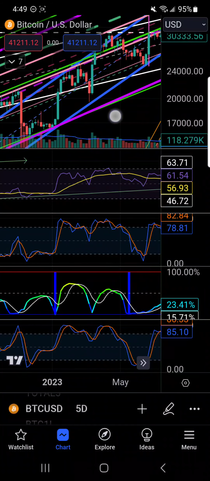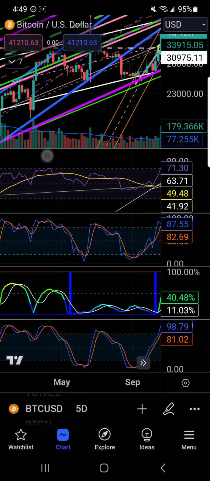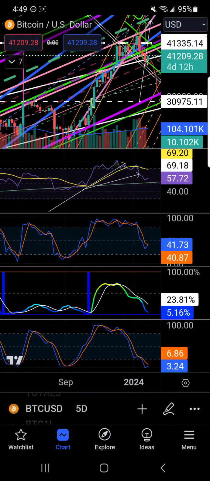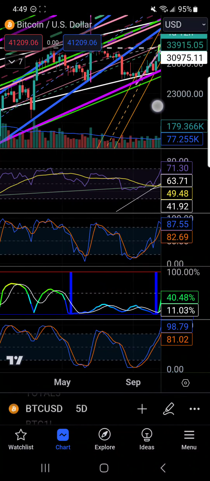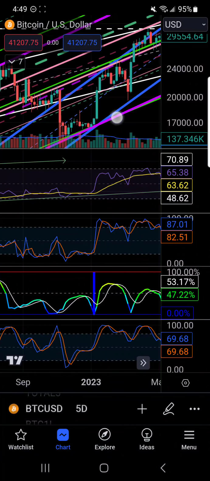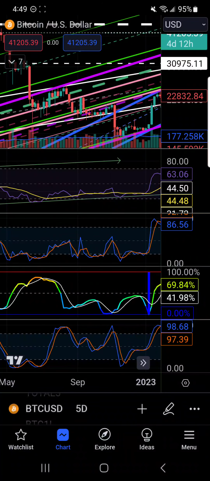So, do we get some sort of a huge collapse here? Some big dump on the market? Maybe. Maybe that's what they want to scare you into believing. It depends on who you listen to.